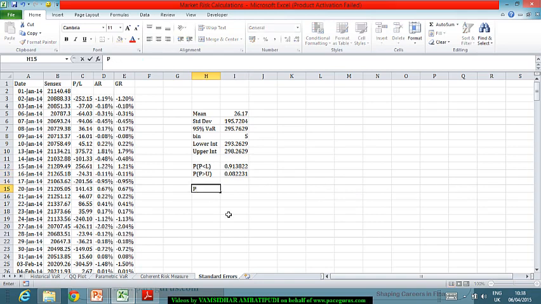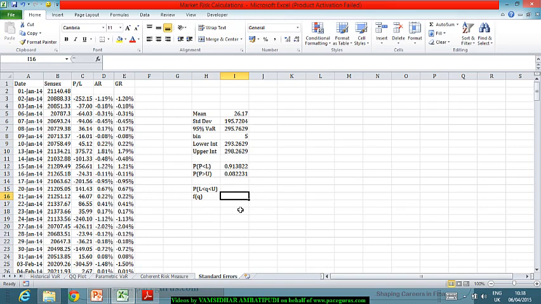So the probability of Q lying between L and U, the probability of Q lying between L and U, is what actually is my f of q, right?